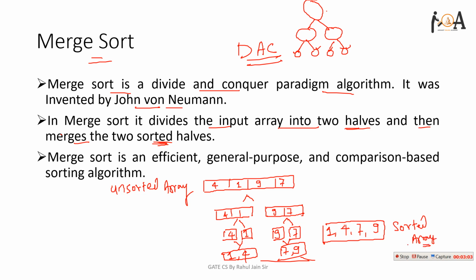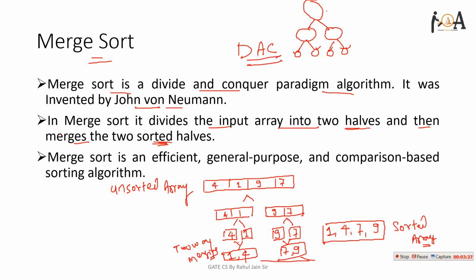Okay, so what I did: an unsorted array was there. I divided it into two equal halves. After that I again divided into two equal halves. Once I got the smallest problem, I added them by comparing. It is the smallest sorted array, one of the smallest sorted arrays, because what I did here was two-way merging.